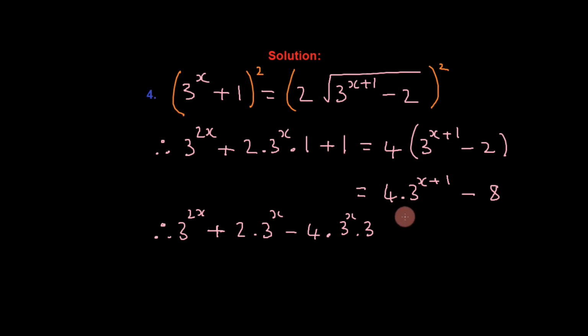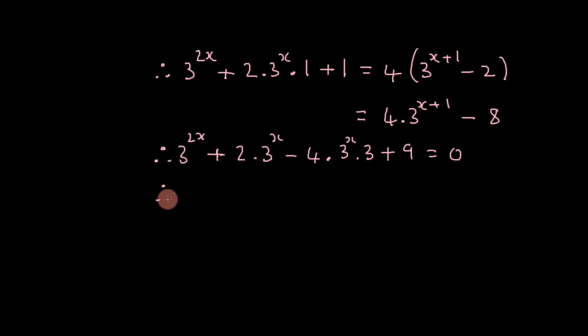So we get 1 plus 8, which is 9. We can take out 3 to the x as a common factor in these two terms. And we're left with 2 minus 4 times 3. So 2 minus 12.